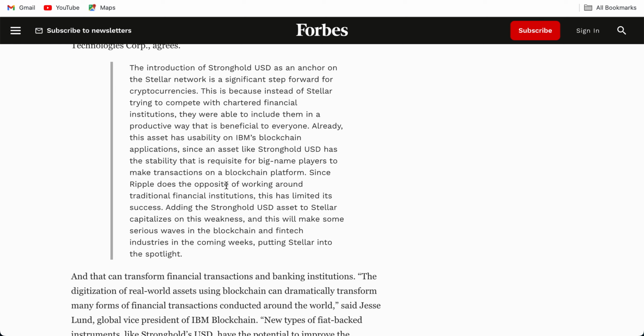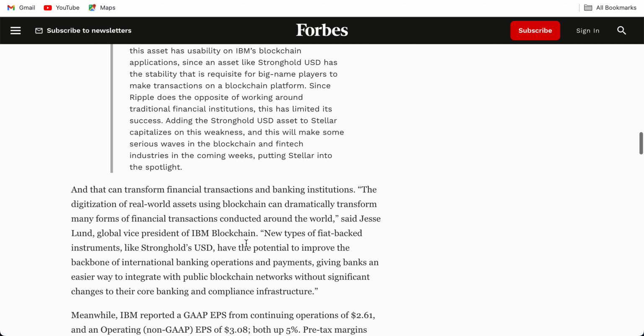Since Ripple does the opposite of working around traditional financial institutions, this has limited its success. Adding the Stronghold USD asset to Stellar capitalizes on this weakness, and this will make some serious waves in the blockchain and fintech industries in the coming weeks, putting Stellar into the spotlight.